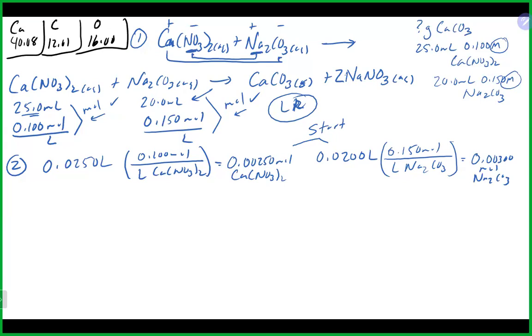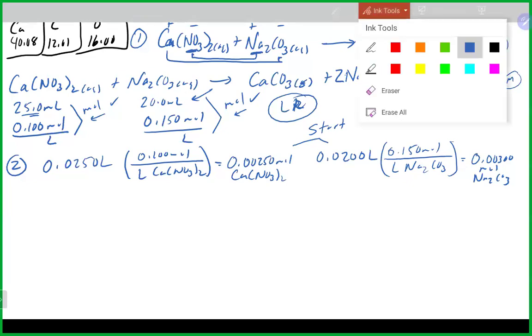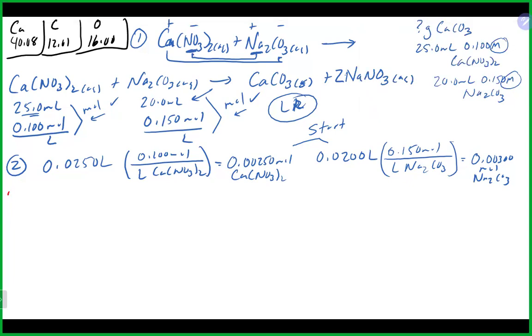So again, we talked about a few different ways that you could do limiting reagent problems. But here I'm going to do my limiting reagent calculation right here, which is how much of the sodium carbonate is needed.